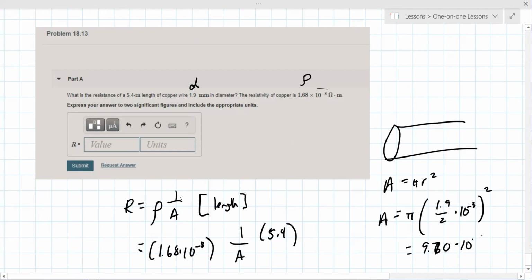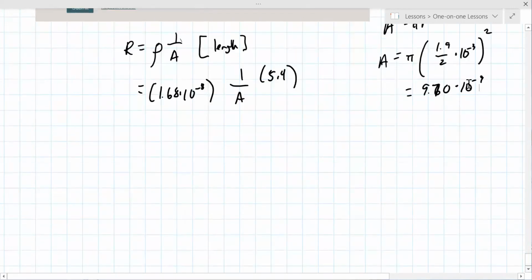All right, so the area over here is 9.70 times 10 to the minus 9. Let's see if that's reasonable. Yeah, that's reasonable. Okay, and then we're going to calculate R. So you're going to take this value, calculate it, store it and put it over here. 1.68 times 10 to the minus 8 times 1 over A times 5.4.